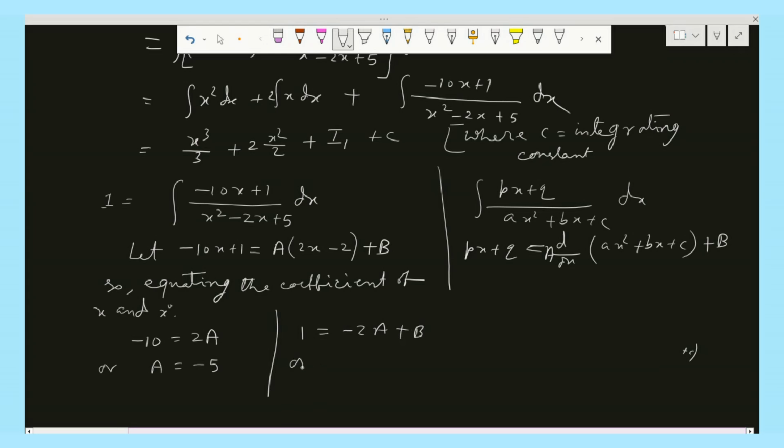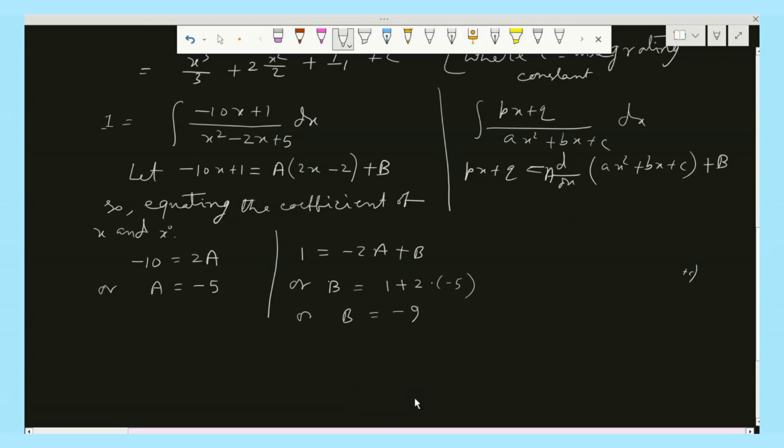Now put the value of a. b is equal to 1 plus 2a, a means minus 5, or b is equal to minus 10 plus 1, that is minus 9.